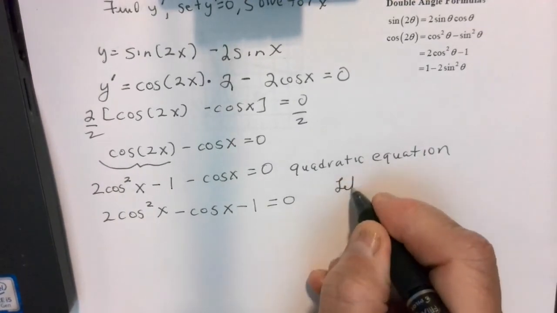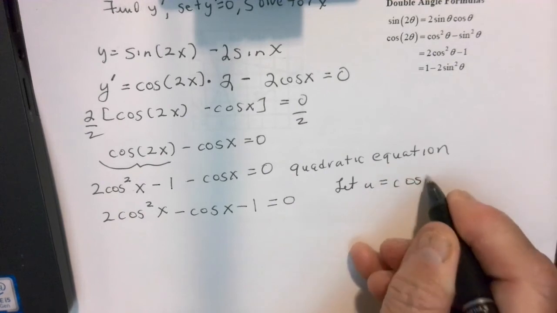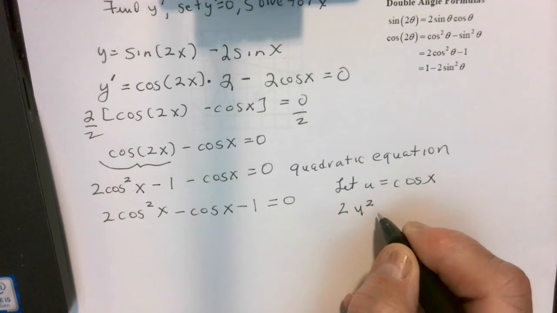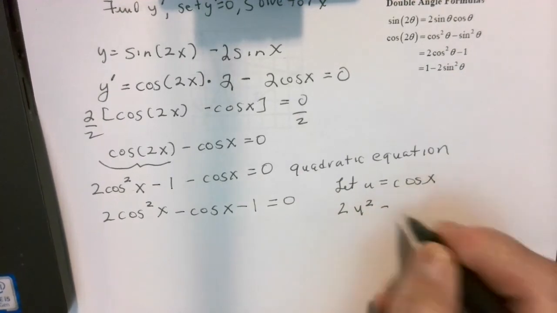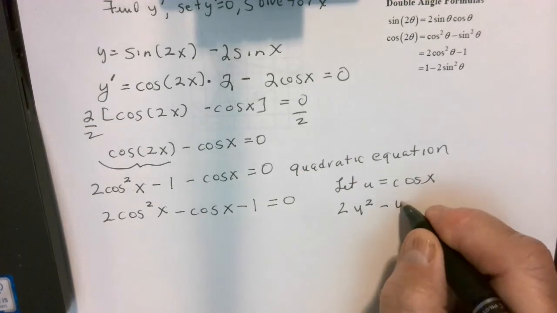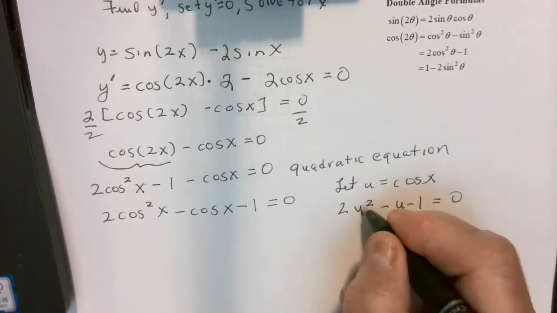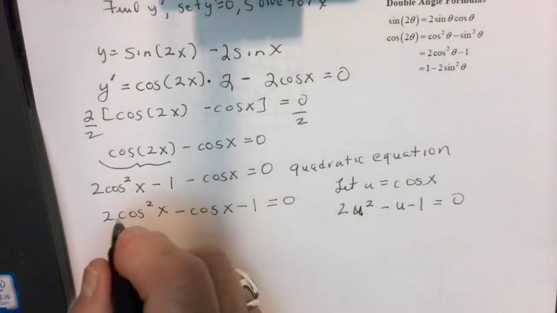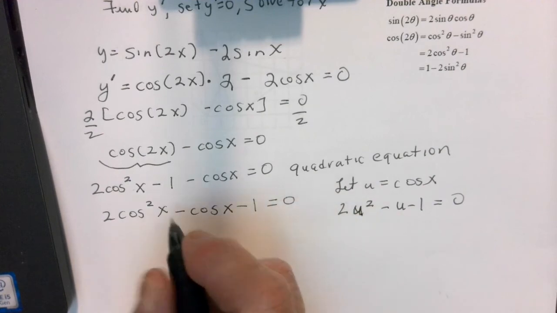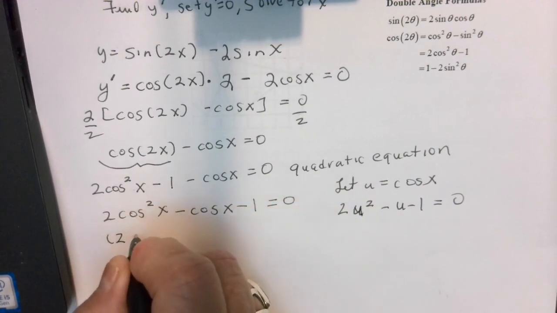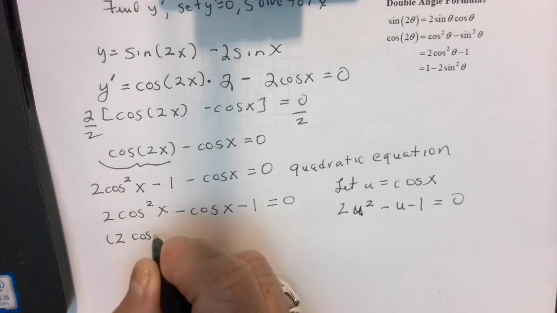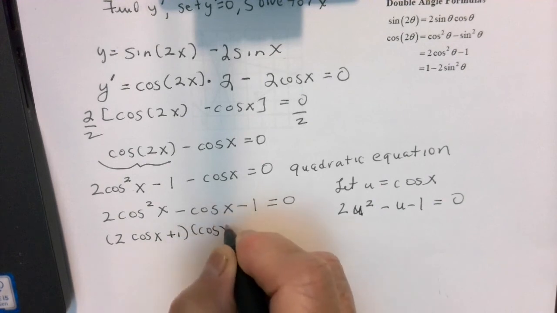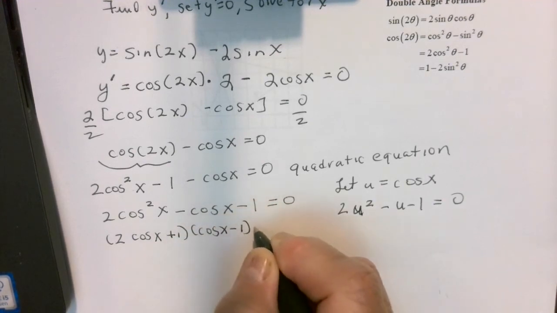You can let u equal cosine x. Then it would be in this form: 2u squared minus u minus 1 equals 0. And you could factor that. I'm going to go ahead and just factor this without doing the substitution. So it's 2 cosine x plus 1 times cosine x minus 1 equals 0.